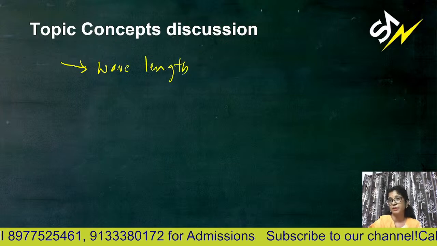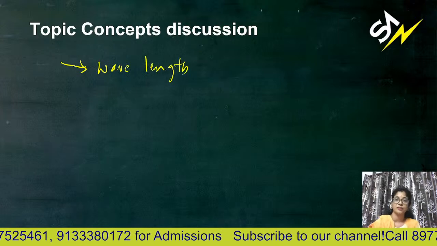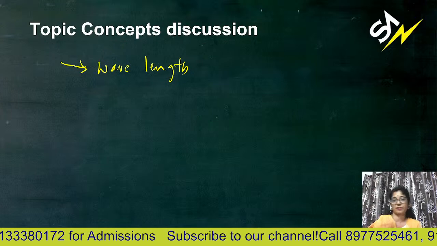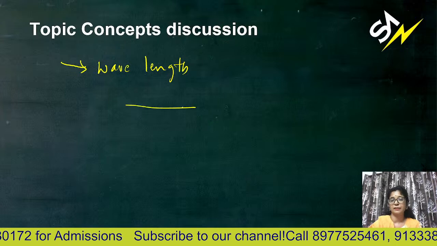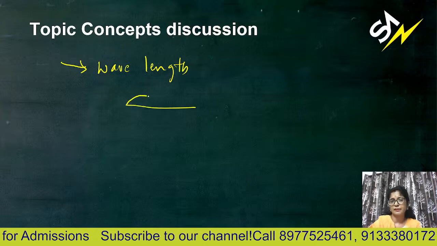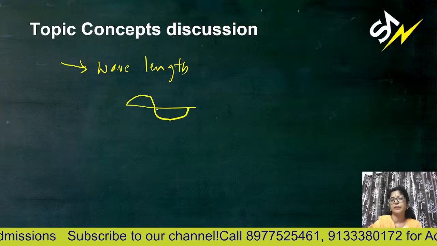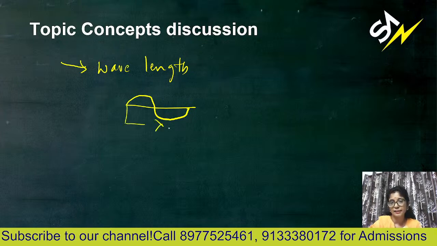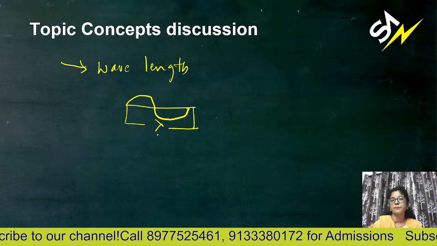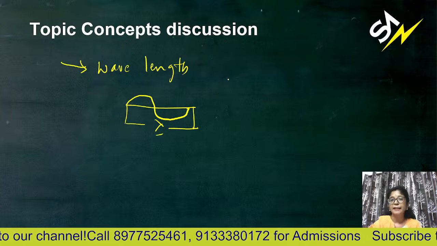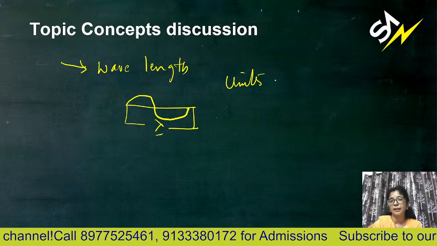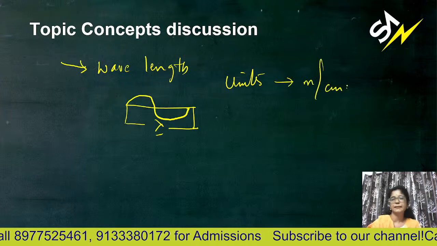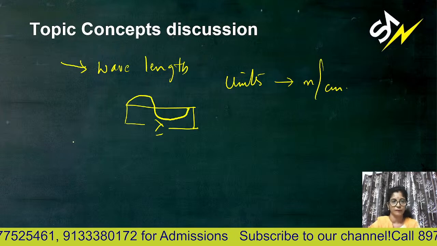As I told you earlier, in compressions and rarefactions, one crest and one trough will give you one complete wave. From here to here is called wavelength, which is represented by lambda, and the units of wavelength are meters or centimeters. It is like distance only.